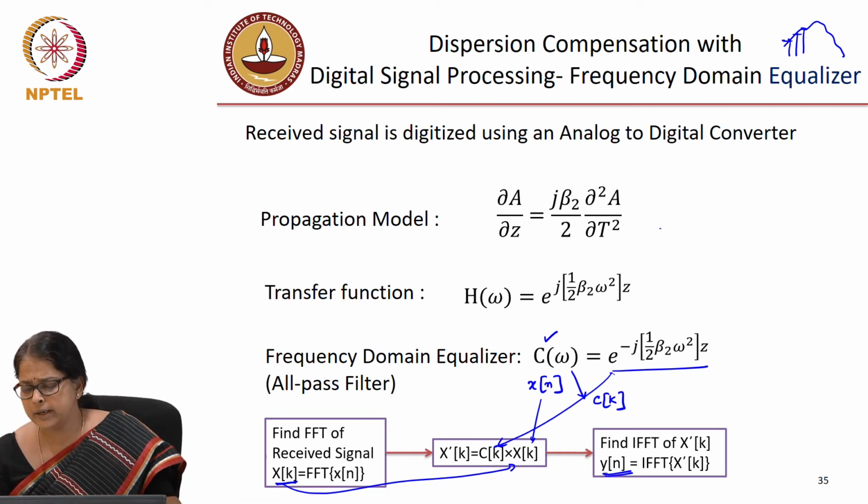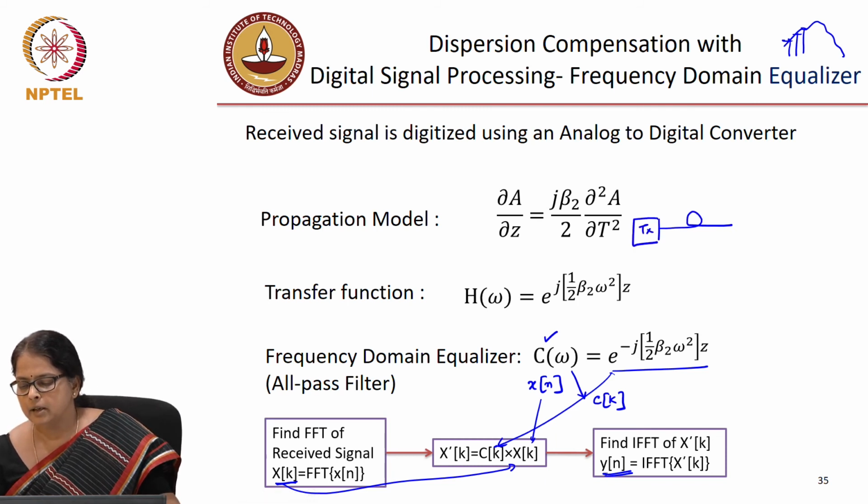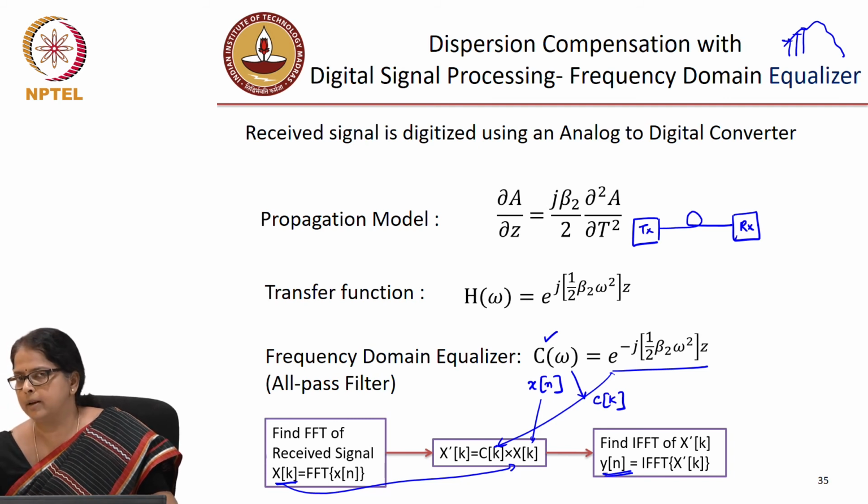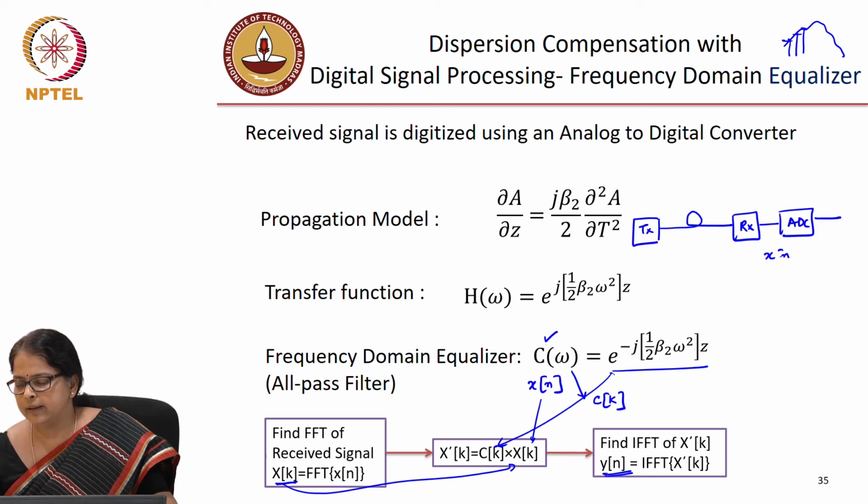All you're doing is allowing the signal from the transmitter to be received as usual, without any dispersion compensation. It doesn't matter what the length of the fiber is. Then you take it through an ADC, so you get your x of n.